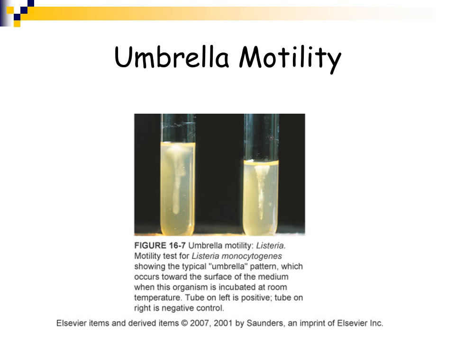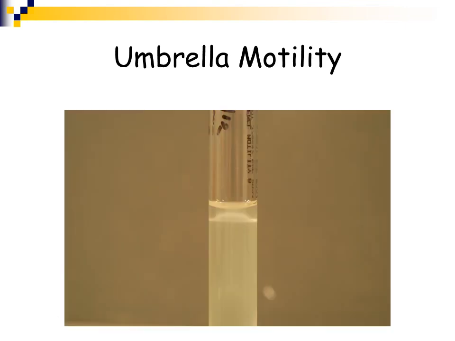And then on the top, it looks like a parasol where the organism is making an umbrella over that inoculation line. Here it is again, and again, this is the classic look of Listeria at room temperature.